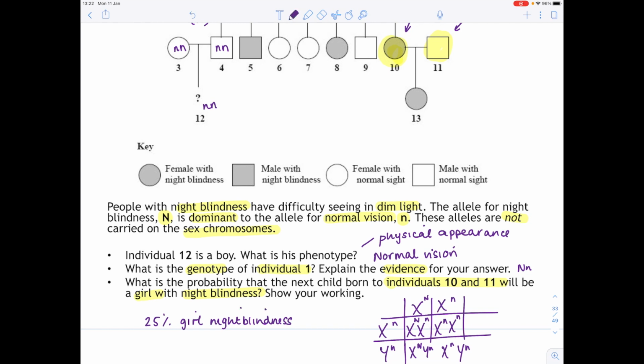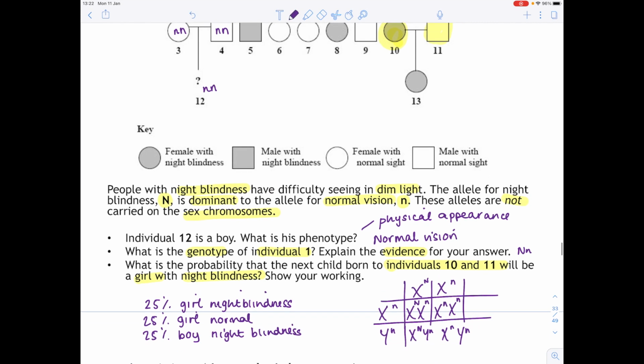This individual will be a girl with normal vision. This offspring will be a boy with night blindness. And then lastly, this individual will be a boy with normal vision.